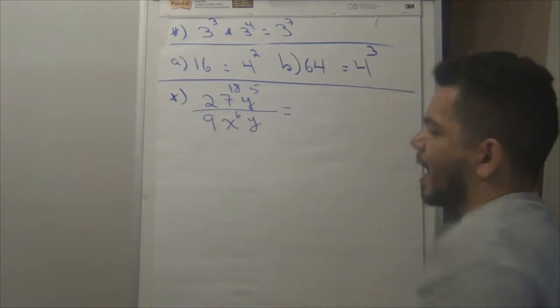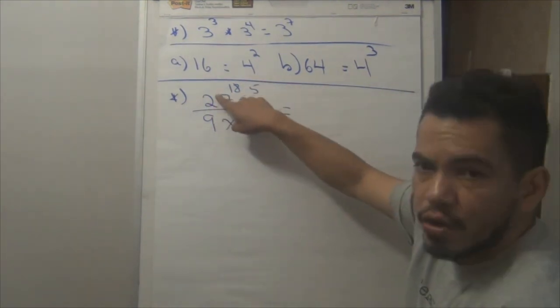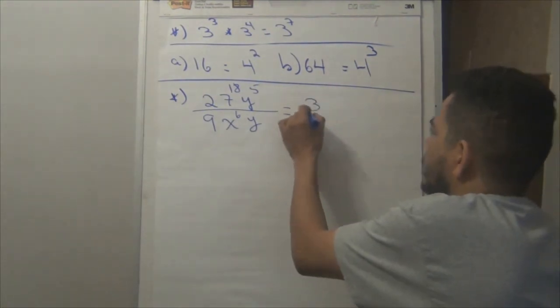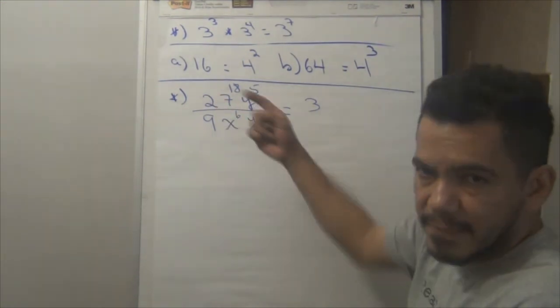So, how can I express that? Well, first we deal with the coefficients. 27 divided by 9 is 3. And the 3 goes on top because this is the larger number. Got it? Okay.